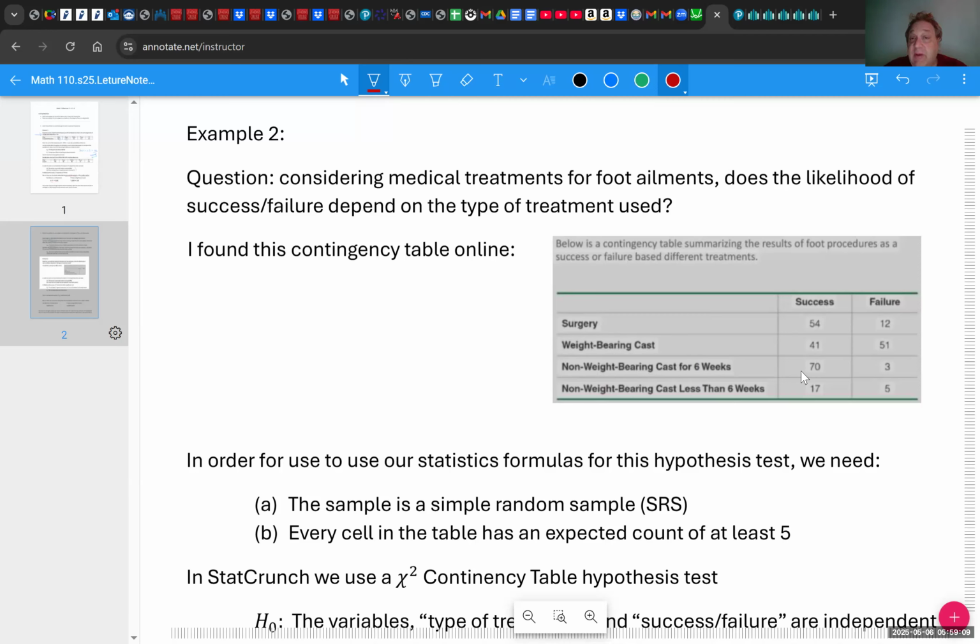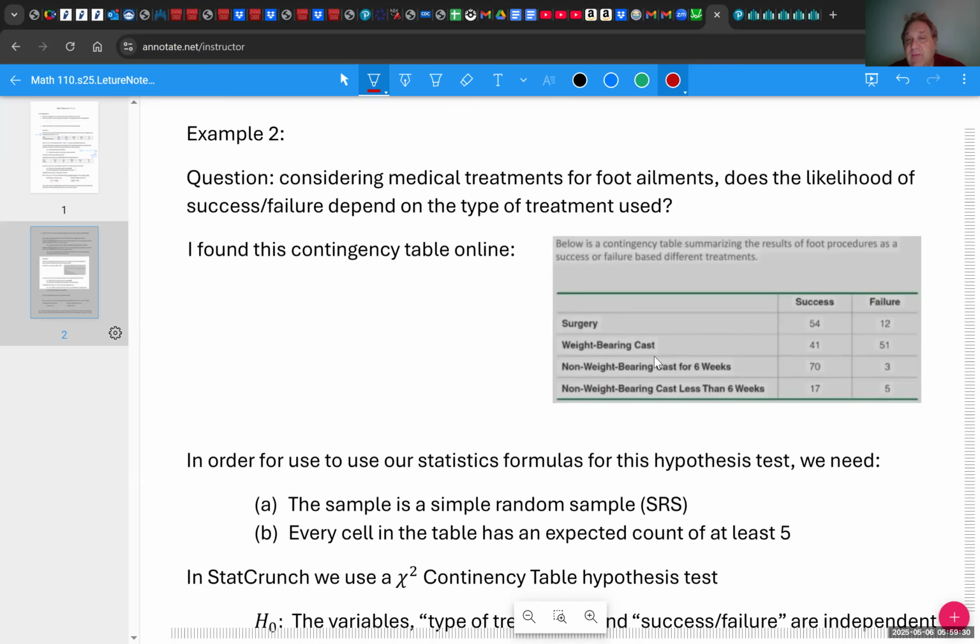So I have my little table here. It's a contingency table summarizing the results of different foot procedures and the relative success and failure of each. So this is a little sample that we have here. And so foot surgery, 54 successes, 12 failures, etc. So we have all these counts for the two categorical variables.